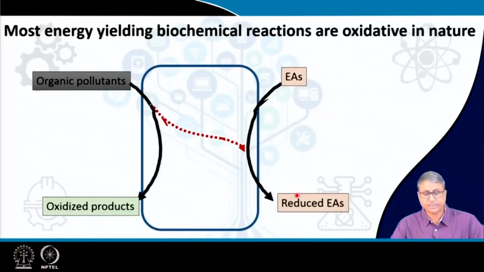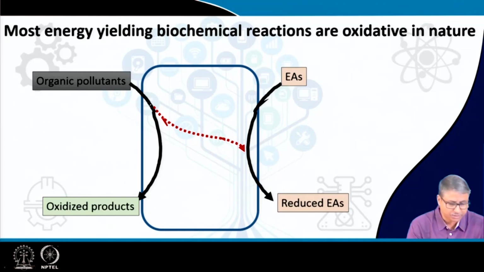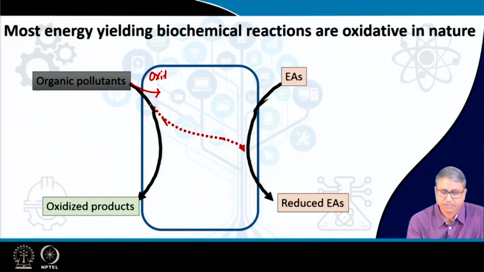As the organic pollutants are degraded to oxidized products, let us say pyruvate or acetate, or maybe complete degradation, the role of these electron acceptors is very critical. If electron acceptors are not available, then this process will collapse, because where will the electrons go finally? Let me quickly remind you that the organic pollutants are getting oxidized, so the electrons are coming out.